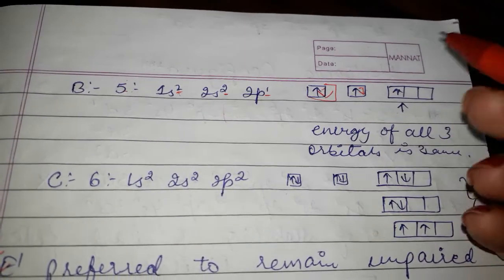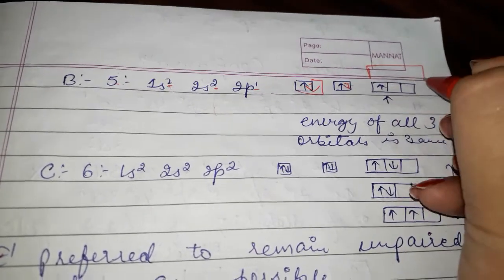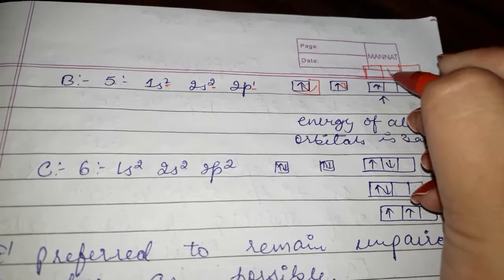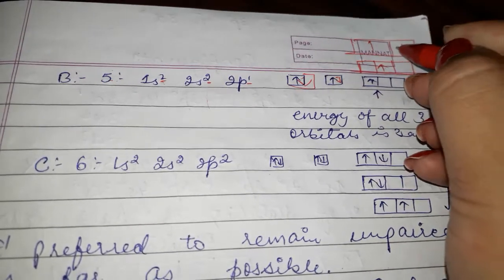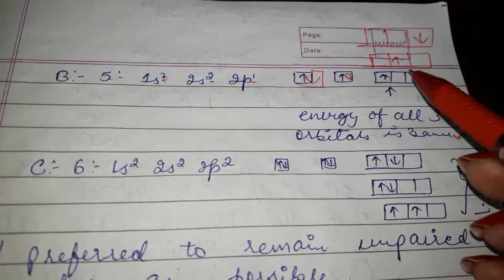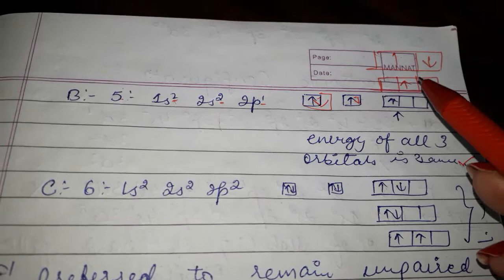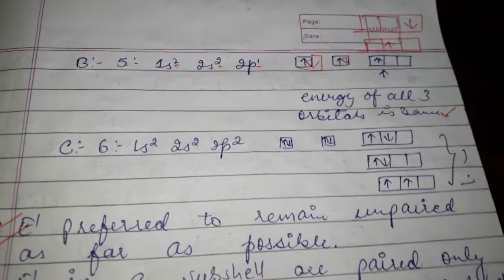Now 2p, for 2p there can be 3 arrangements. You can put the electron here, here, or here. Because the energy of all 3 orbitals is the same, you can write the electron by writing the downward arrow also. It is the same thing.